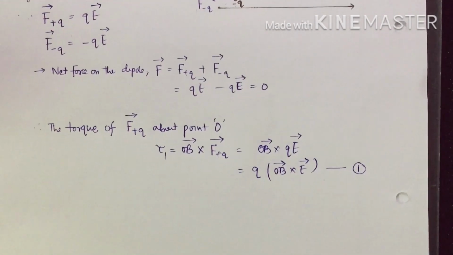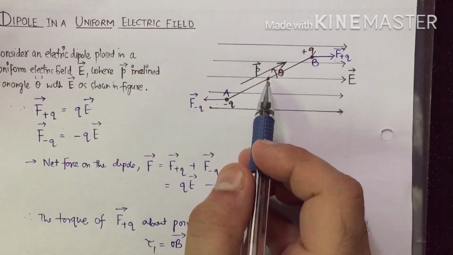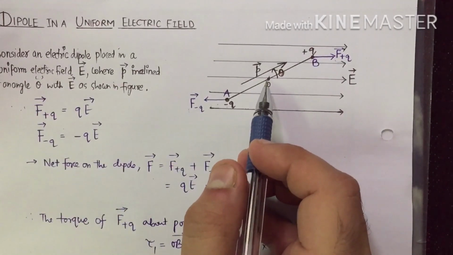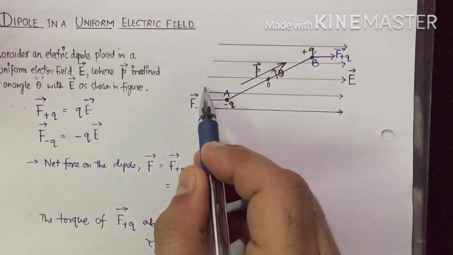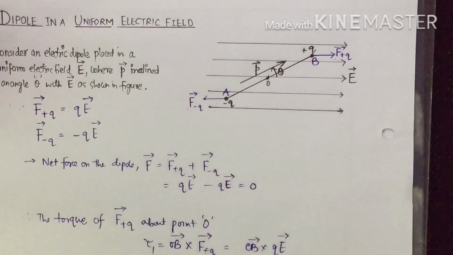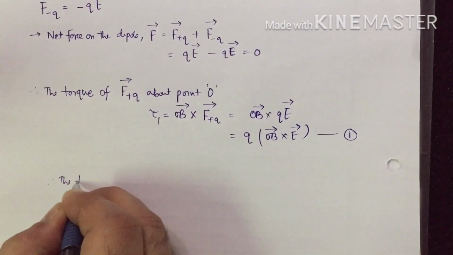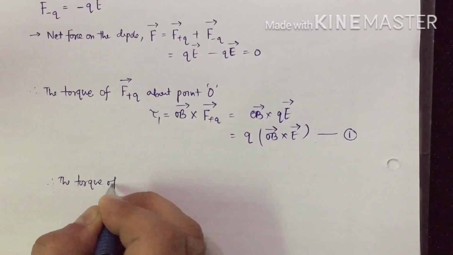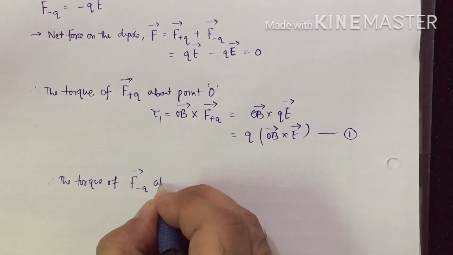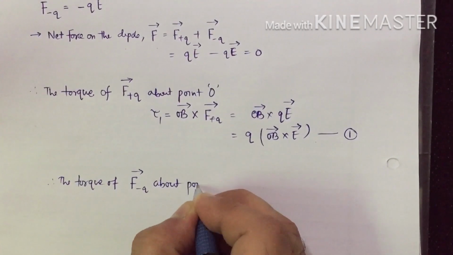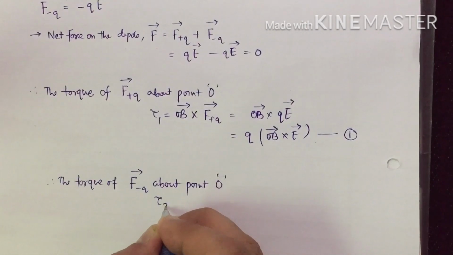Similarly, let us calculate the torque on this negative charge due to this force F minus Q about this point O. So the torque of F minus Q about point O, let us assume to be tau 2 vector.